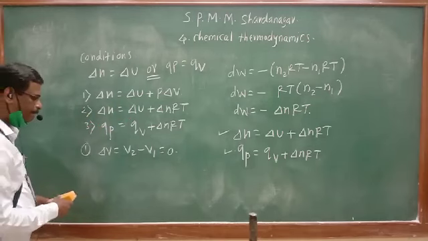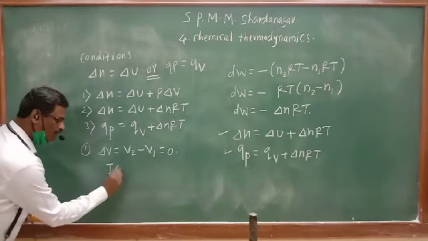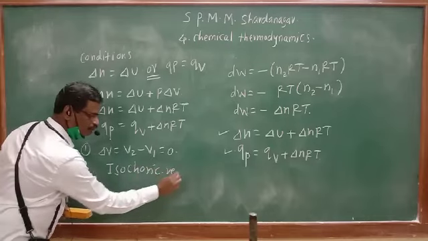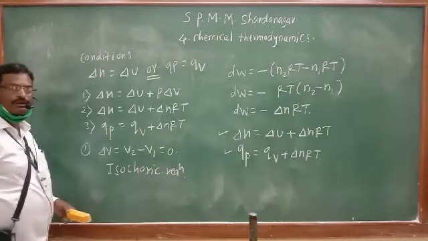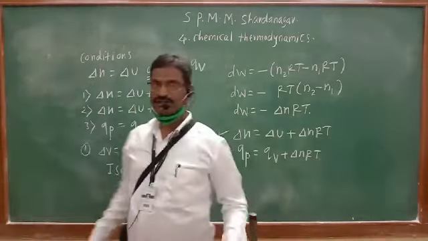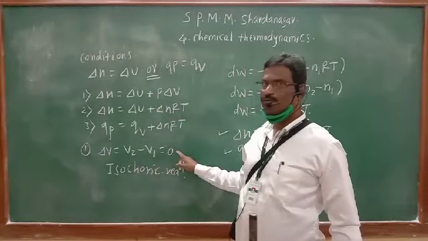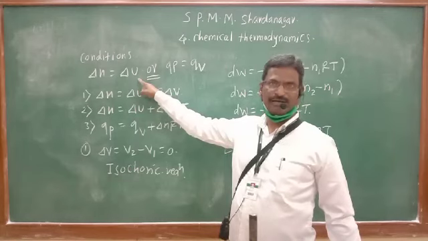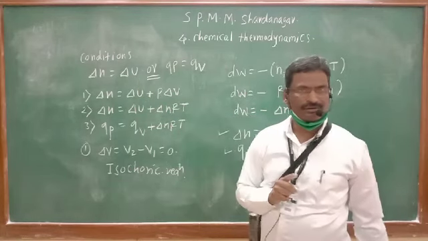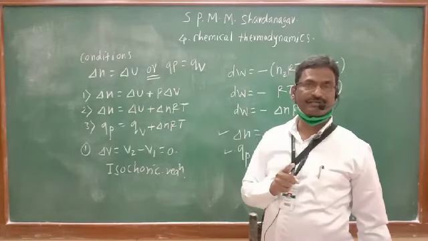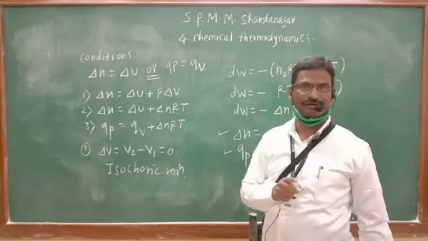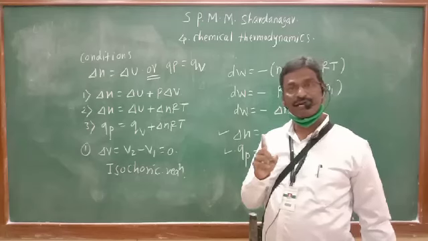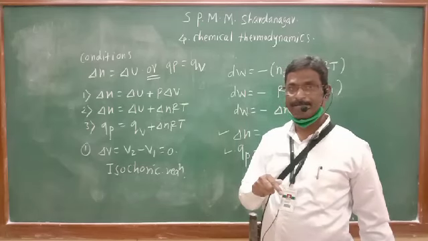It means that the reactions which are isochoric, in which change in volume is 0, they are having delta H is equal to delta U. We know that isothermal reactions are carried out at constant temperature. Isobaric reactions are carried out at constant pressure.